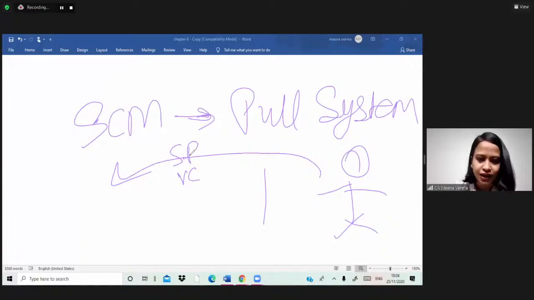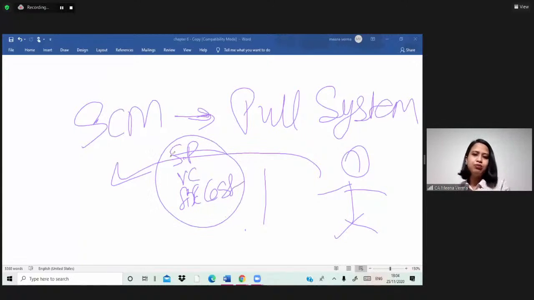We will consider the variable cost, and we know some fixed costs which we have in our organization. In order to recover these costs, how many units must I sell to my customer?